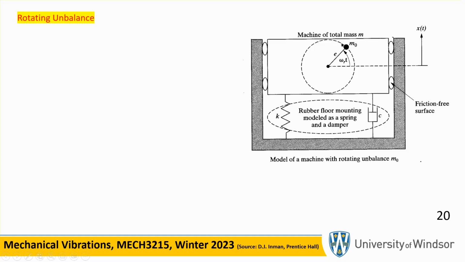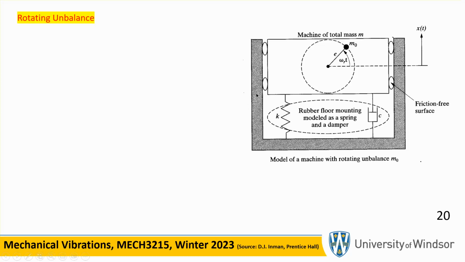So when you think about it, as this thing turns, it actually inserts a force up and down, also sideways. But the vibration we're mostly concerned with is up and down vibration because that's our degree of freedom. Okay.